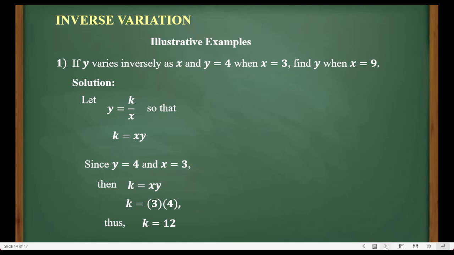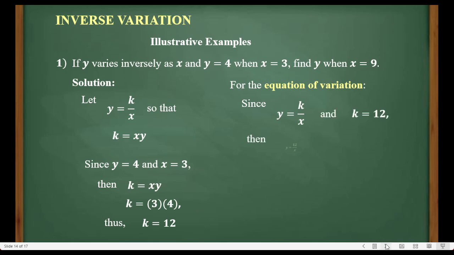Then, after getting the value of k, we can form the equation of variation by going back to this translated equation. We copy this, and we replace k by its obtained value, and that is 12. So that the equation becomes y equals 12 over x. And this is the equation of variation.